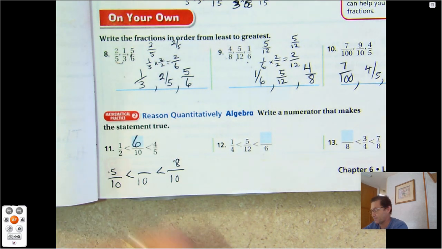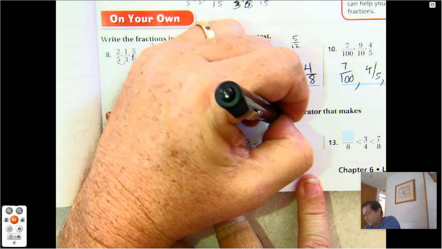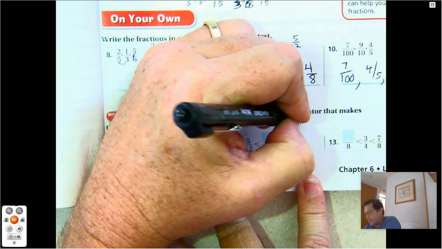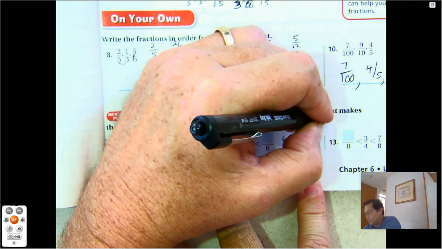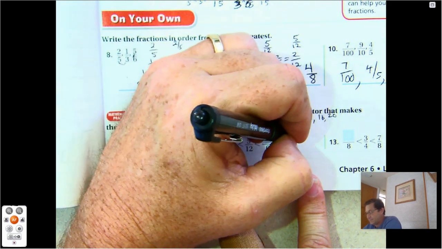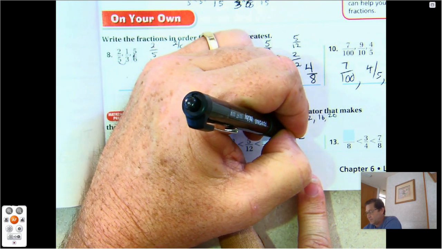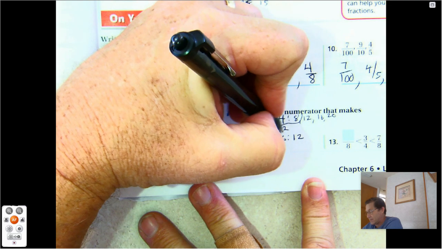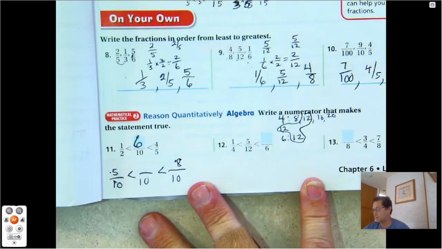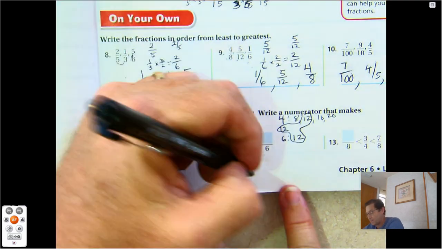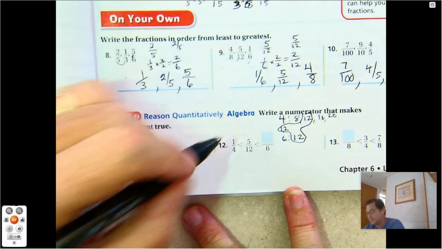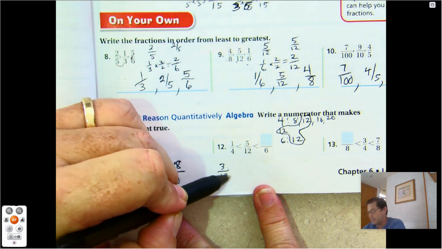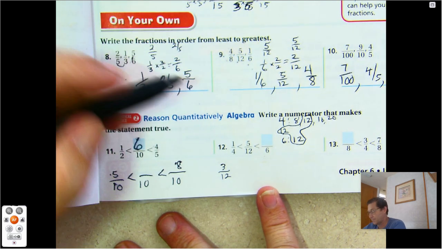Okay, this one here, I'm going to find common denominators. So I'm going to list multiples of 4, 12, and 6. I'm going to start with 4: 4, 8, 12, 16, 20. Then I'm going to go to the 6: 6, 12. I'm going to stop there because this is 12. So I can turn all the denominators into 12. So 1/4 times 3 over 3 is 3/12, compared to 5/12.